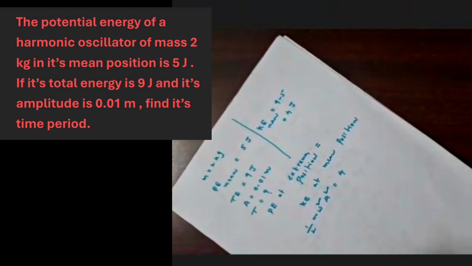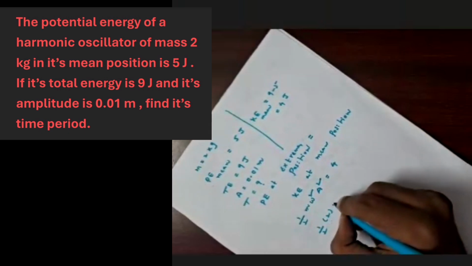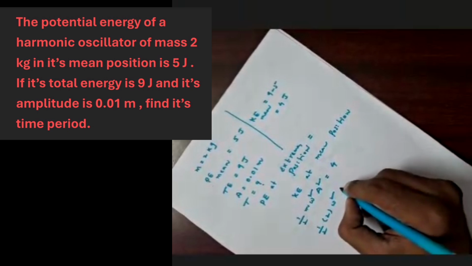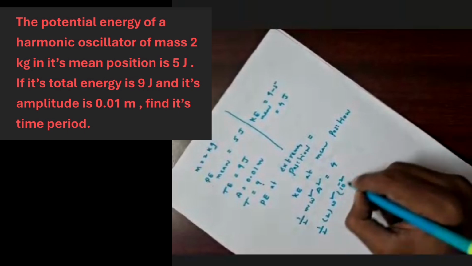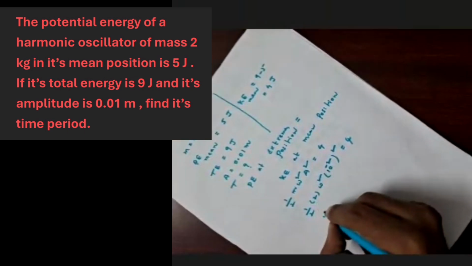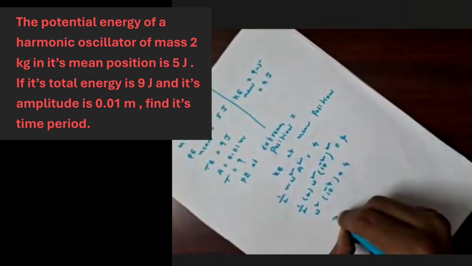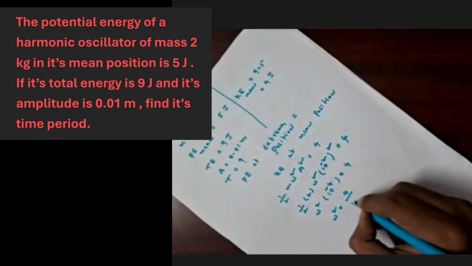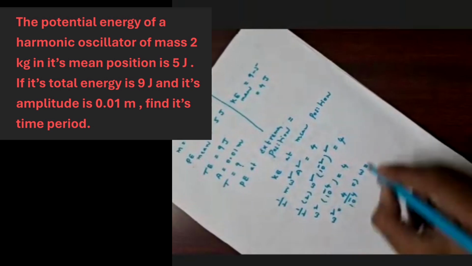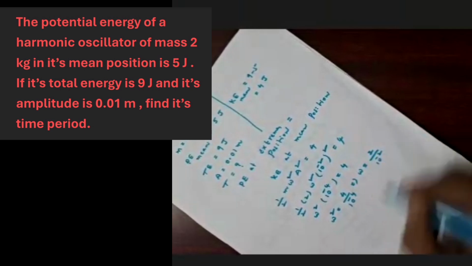Now half m is 2 kg over 2, omega square times a square, with a being 0.01, that is 10 power minus 2 whole square, is equal to 4. The 2 gets cancelled. Omega square into 10 power minus 4 is equal to 4. Omega square is 4 by 10 power minus 4. Taking the square root, omega is 2 by 10 power minus 2.